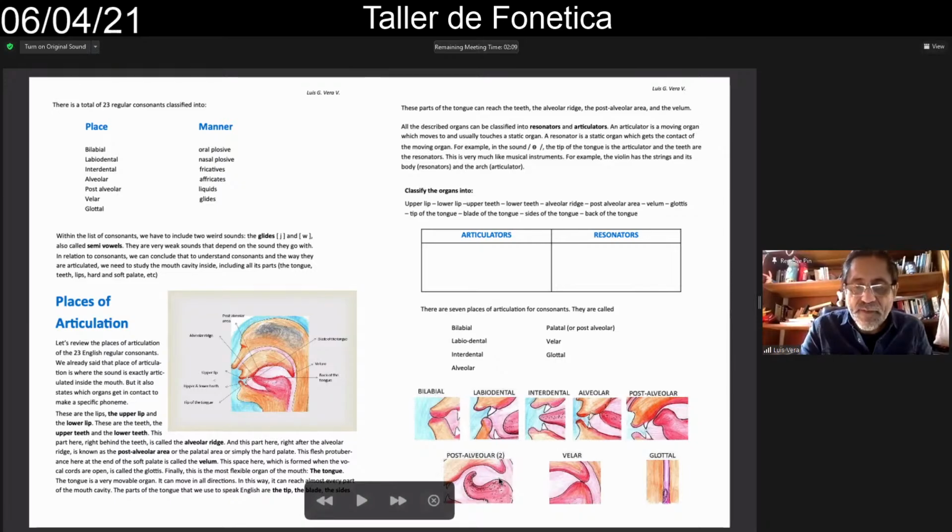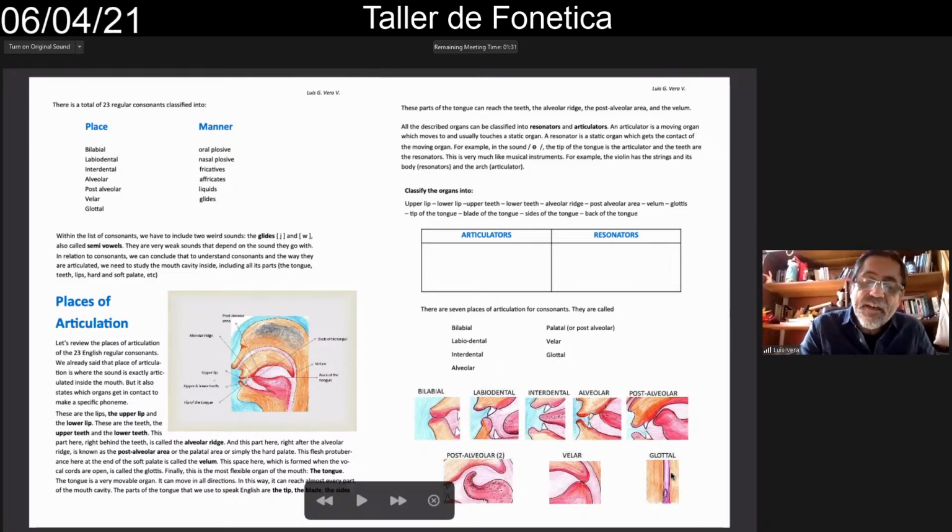Ese alveolar 2 es para la R, esa R típica gringa, la única forma de hacerlo que suene bien a los gringos. Por ejemplo, rarity. Arrive, etc. Velar for the k and the g and the ng, que es un sonido que existe en inglés nomás.